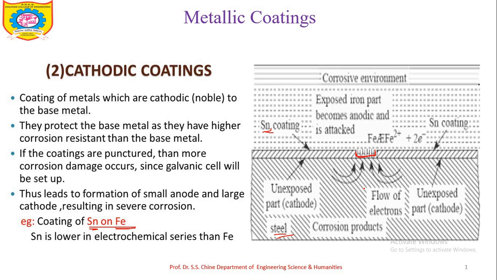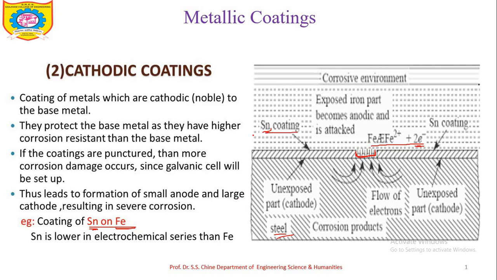So tin is placed lower in the electrochemical series than iron. So which is more corrosive? Now it is iron. And which is protective? Which will act as a cathode? That is tin. So when there is a development of a crack, then this base metal acts as an anode and it undergoes oxidation and gets corroded.